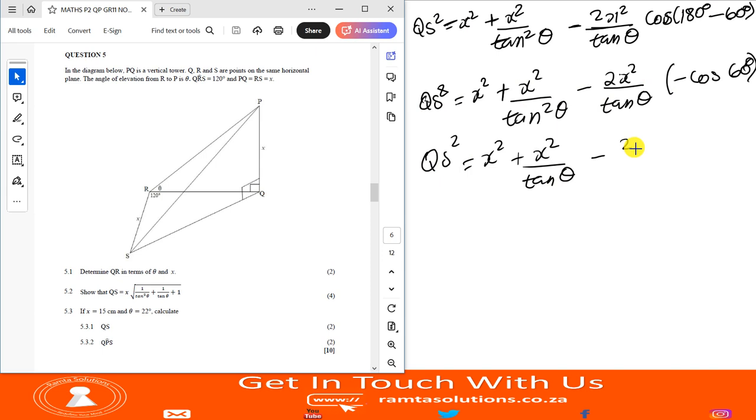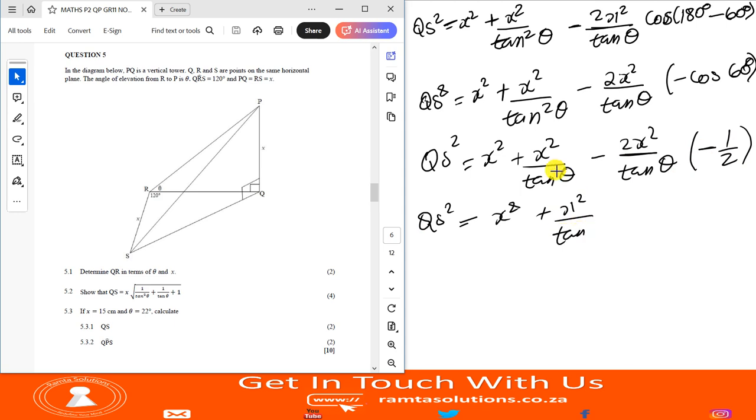Now, what is cos 60? It is half. But negative cos 60 is negative half. As you can see, these guys will be cancelling. We are left with QS squared equals x squared plus x squared over tan, oh, I forgot the square here.